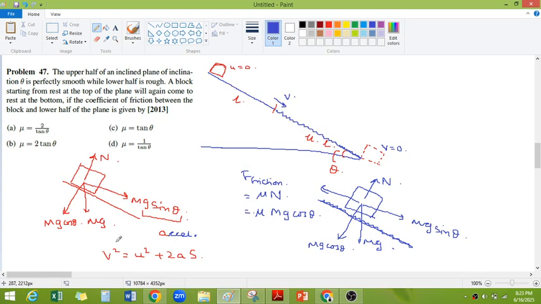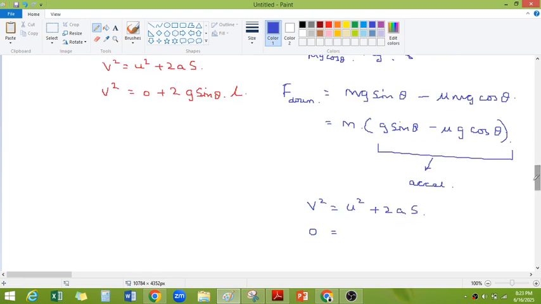So whatever you got here as v should be substituted as u here. So in place of u, we have to put 2g sin theta L. So instead of u squared, it will be 2g sin theta L. Not a square because this is already a square.